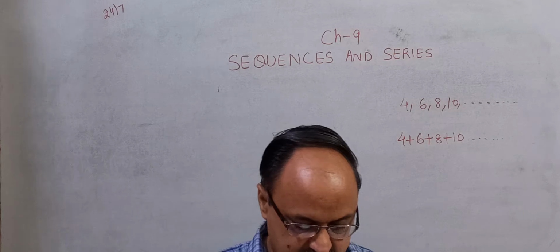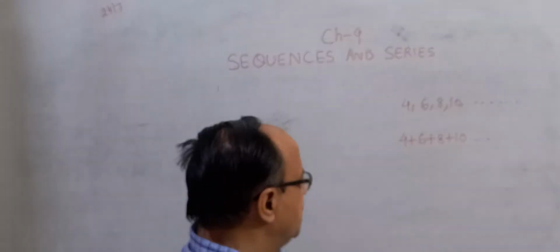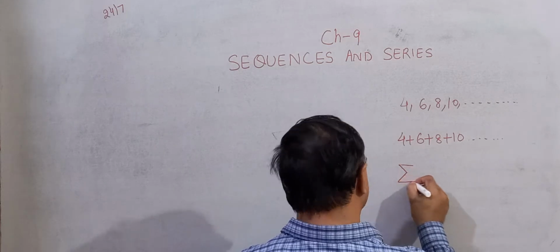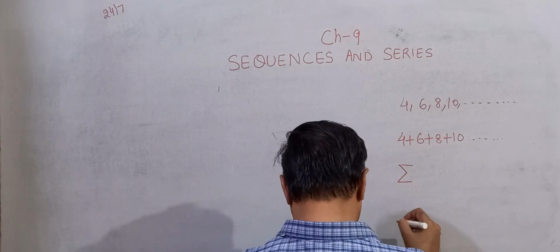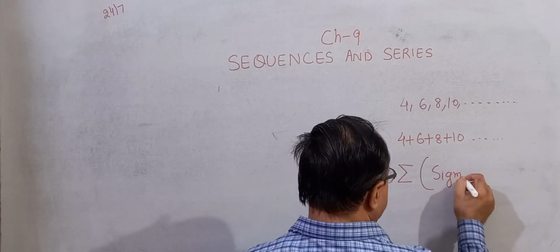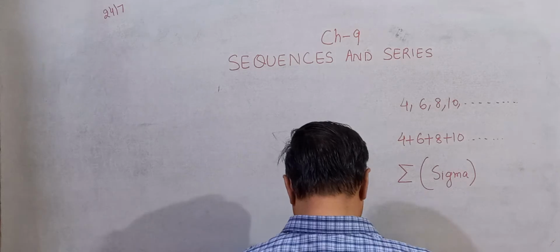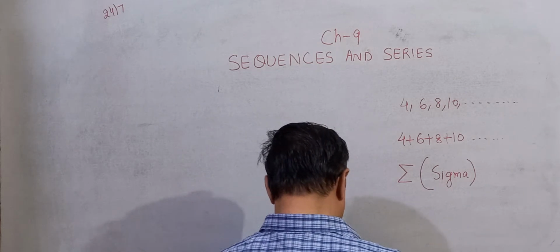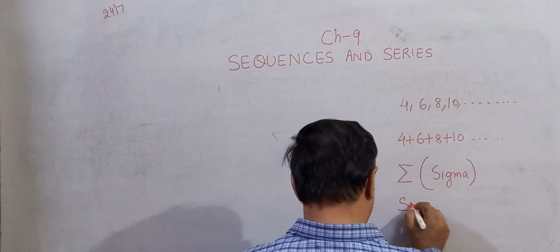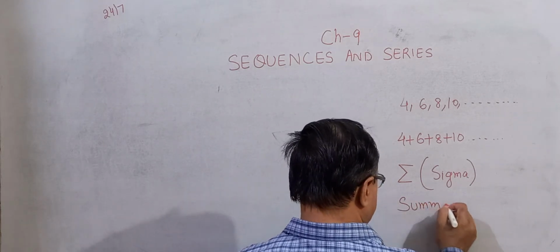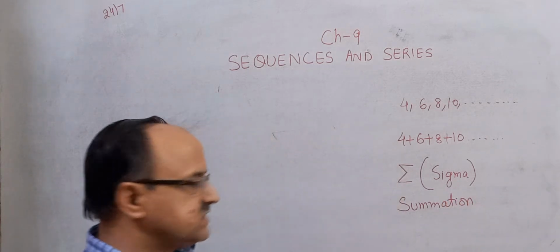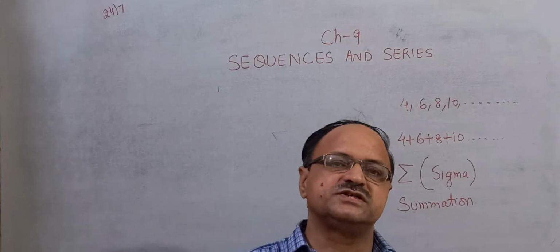Clear? And in series we use a symbol, that is sigma. The name of this symbol is sigma. Sigma means summation, the sum of all the terms.